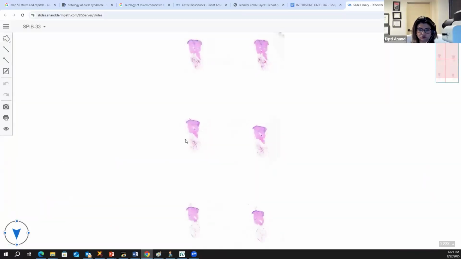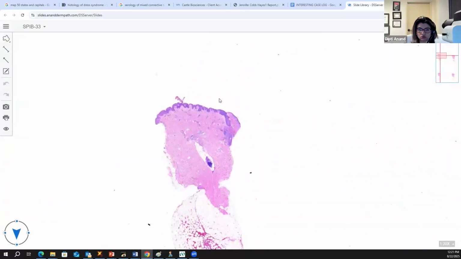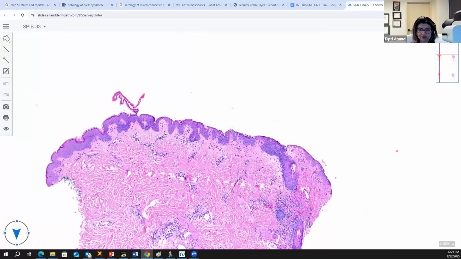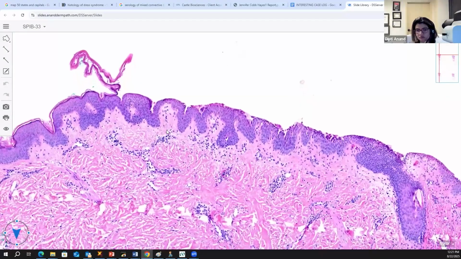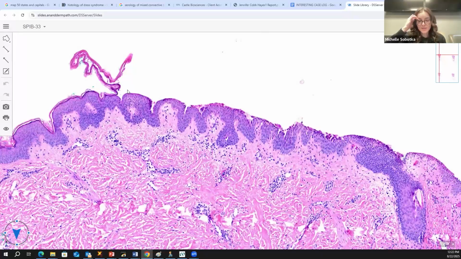33. So what do we see in here again? This looks like a subcorneal blister. And it looks like it is cell poor. So SJS or, sorry, staphylococcal scalded skin syndrome.